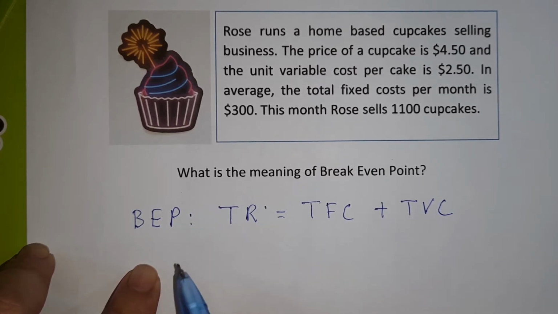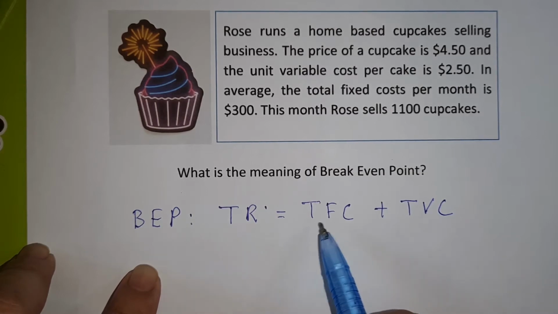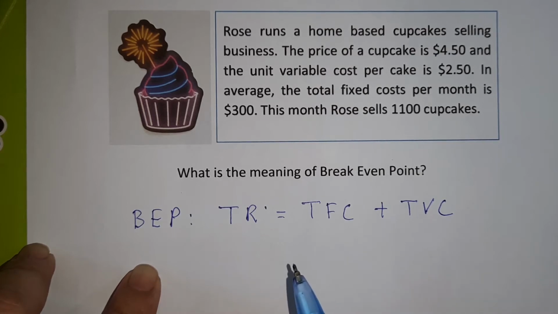So break-even point is a point where the business profit is zero. See here, total revenue equals total cost, so the profit is zero. Or it is a point where a business does not make any profit, and at the same time, it does not make any loss.